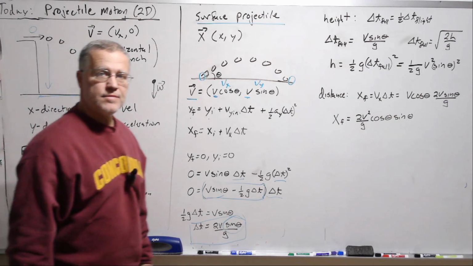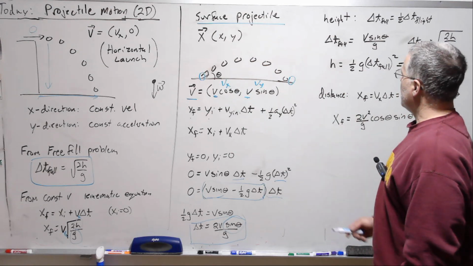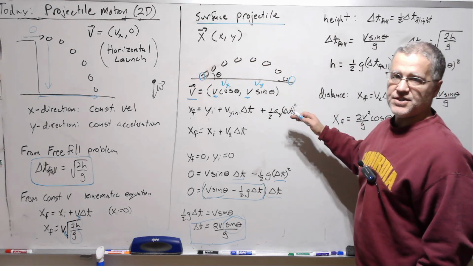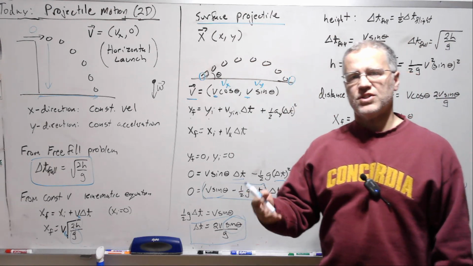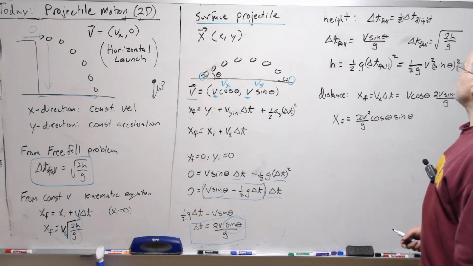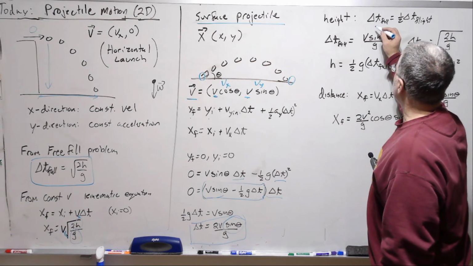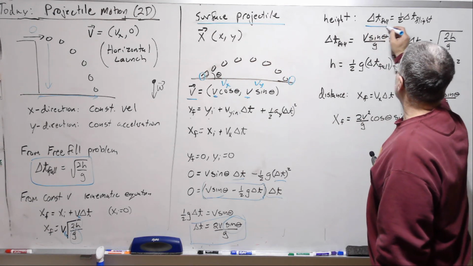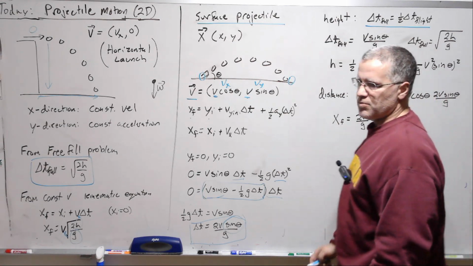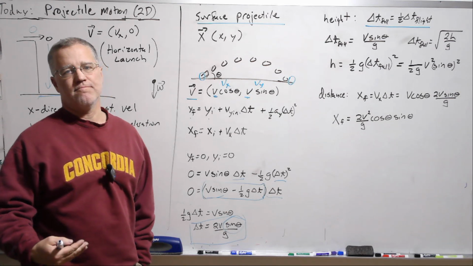Okay, well, now we've figured out how long it's in the air. What we want to do is get the height and the distance, and that will pretty much describe the things we would want to know about this projectile. So for height, we can use some facts from last video and split the full time into a rise time and a fall time.